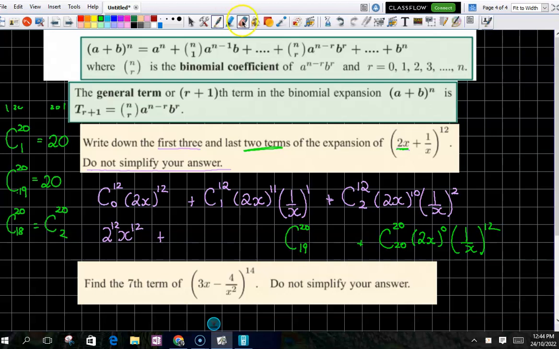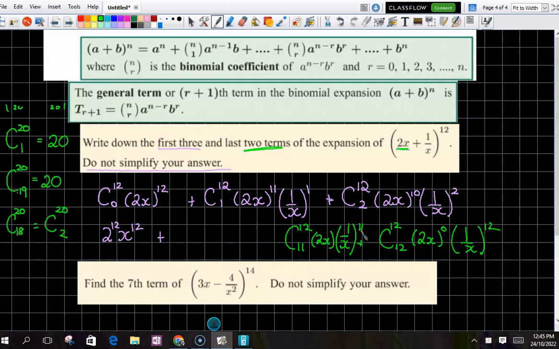Idiot that I am. Why didn't anybody stop me? Somebody stop me. You just thought I was on a roll. C12,11, 12. I put 12 there, idiot that I am. What would be my term? What comes after that? 2x to the what power? 1, and therefore it'll be 1 over x to the 11. Is this making sense?